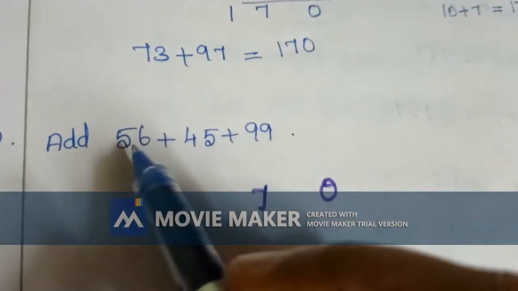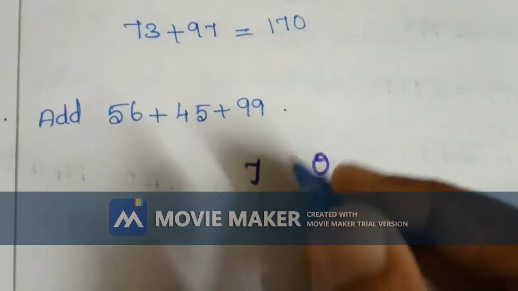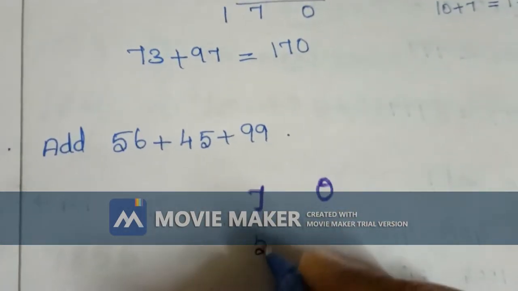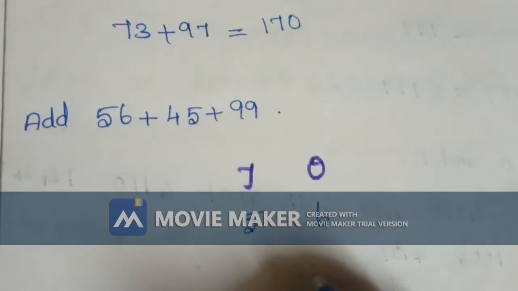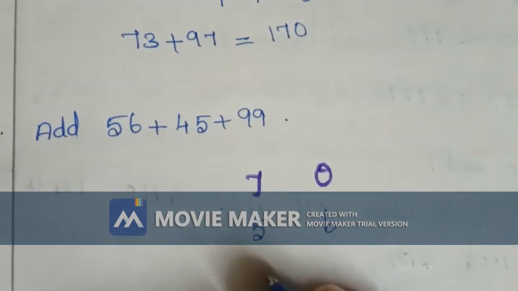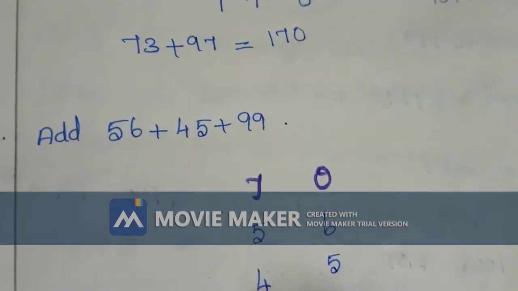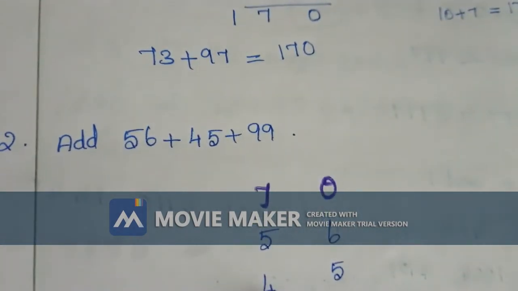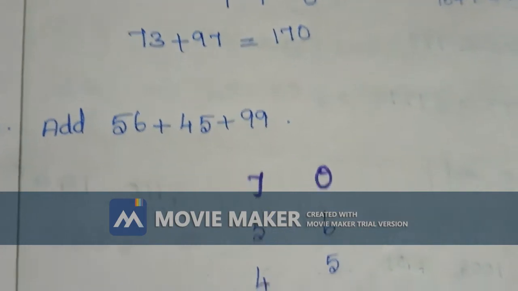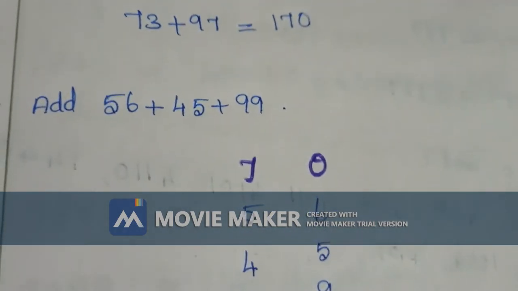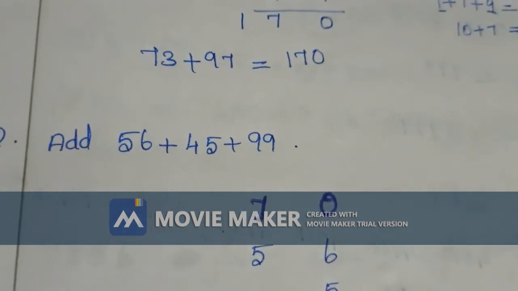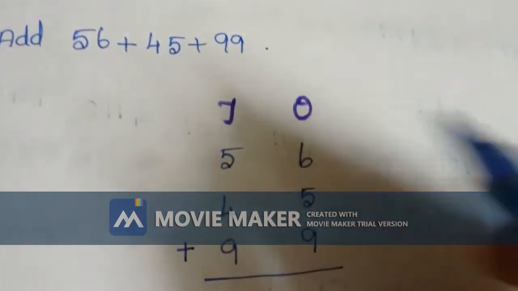The first number is 56, that is 5 tens and 6 ones. The second number is 45, so 4 tens and 5 ones. And the third number is 99, that is 9 tens and 9 ones. So the symbol is plus. We want to add these three numbers.